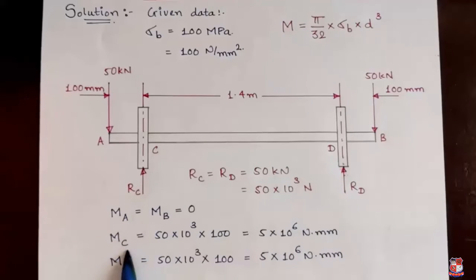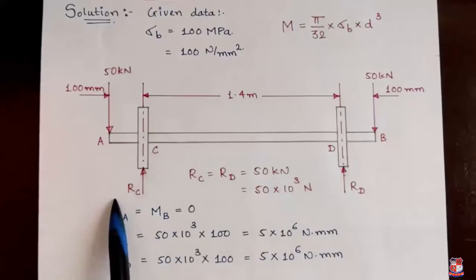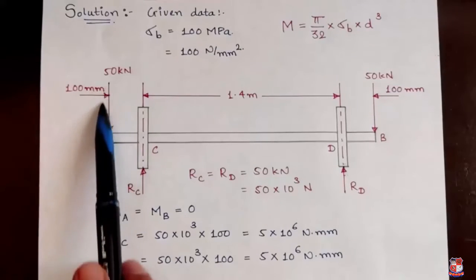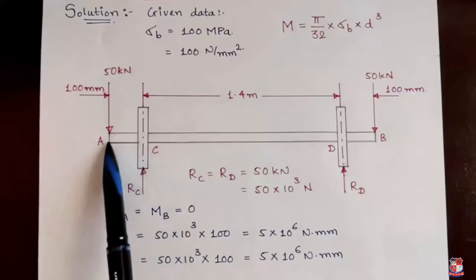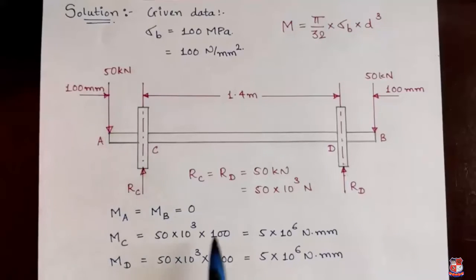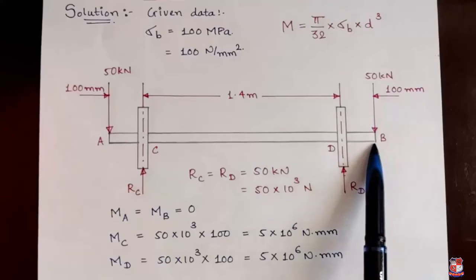If we consider moment at C, moment means force into perpendicular distance. Force is 50 kilonewton into distance from C. This distance is 100 mm. So it will be 5 into 10 raised to 6 Newton mm. And if we consider moment at D, then here we are considering from the right hand side of that point.